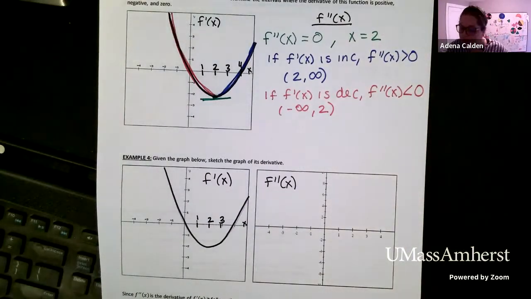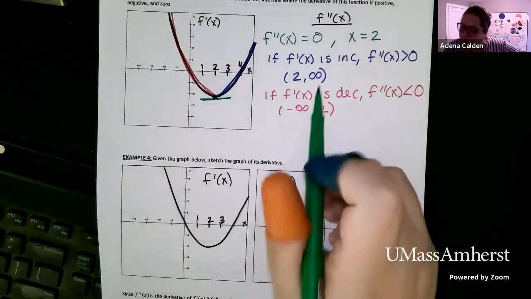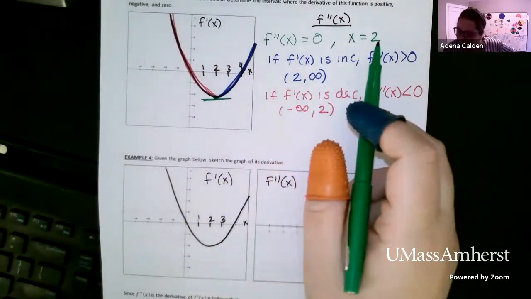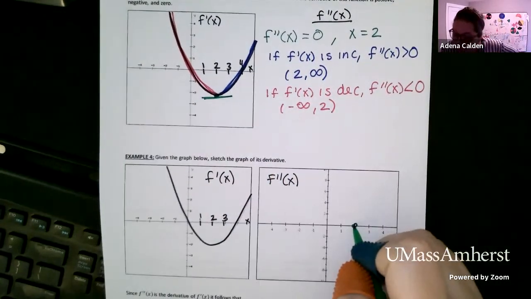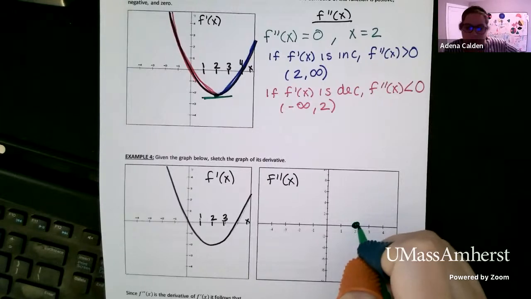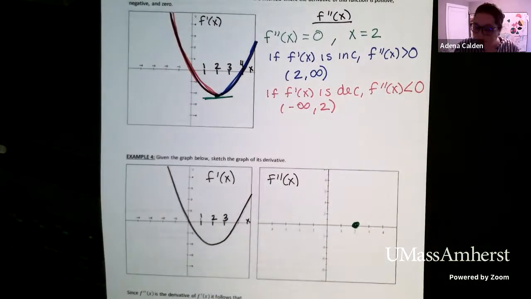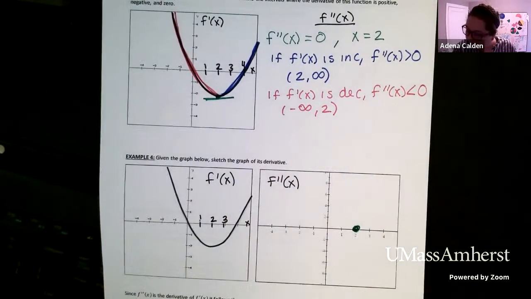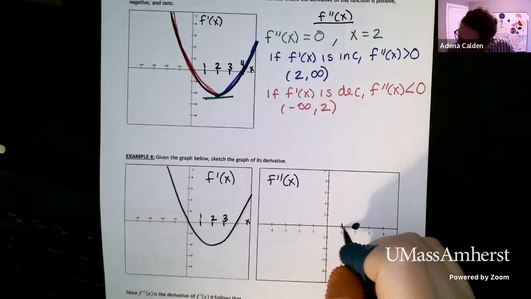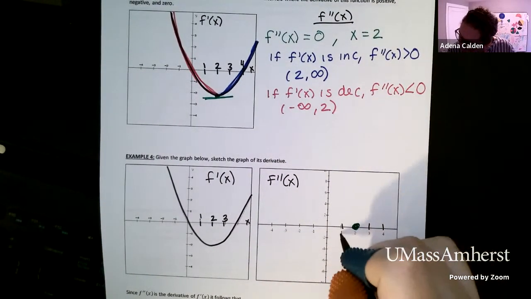So again, I'm going to plot my 0. So the second derivative will equal 0 when x equals 2. So I come over here to x equals 2, and I know that the y value will be 0 from this statement. Okay, so here's 1, 2, 3, 4.